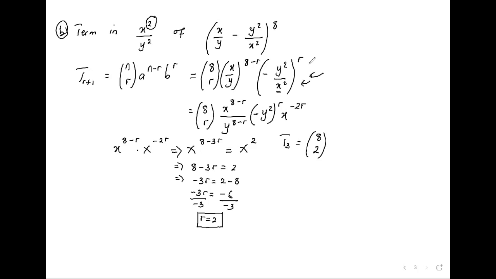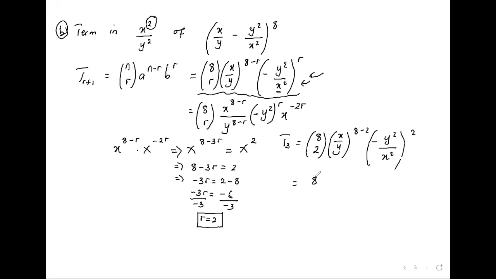So T3 is equal to 8C2. So I'll just come back to this one, which should be easy for substitution. So you say x over y to the power 8 minus 2, and then negative y squared over x squared to the power 2.